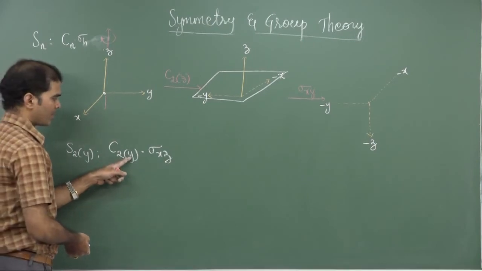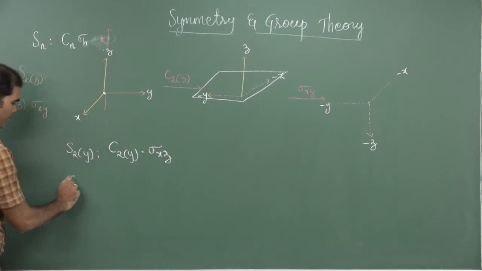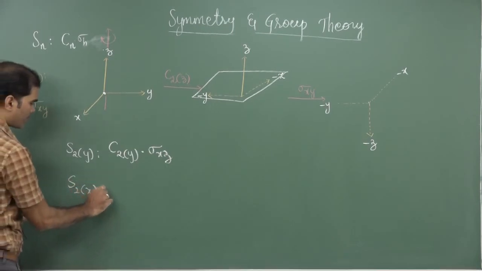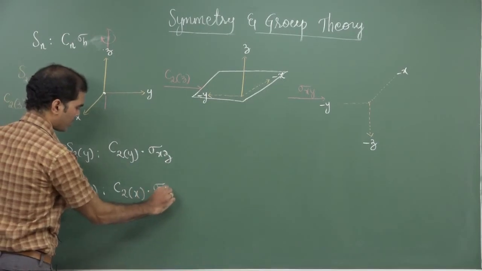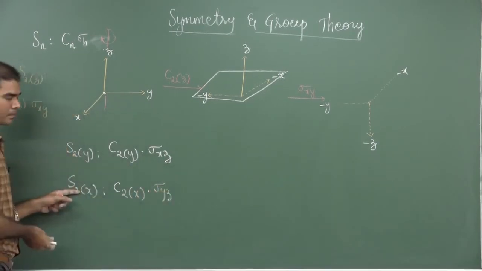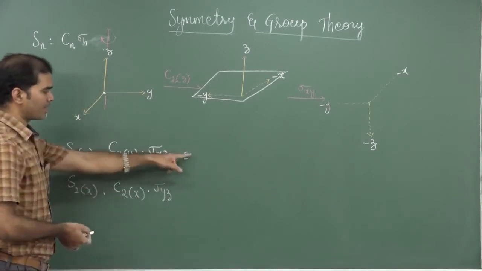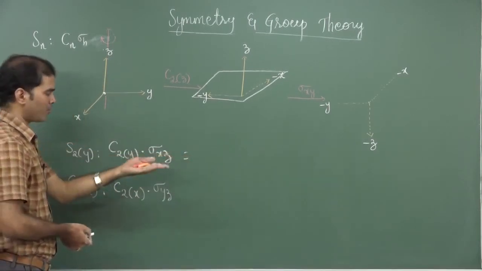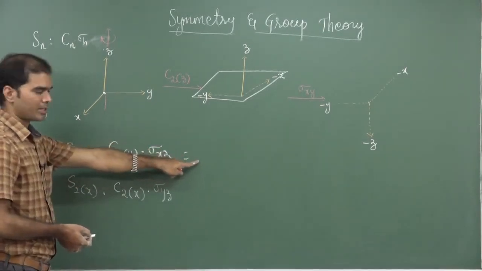Whichever coordinate is present here, do not repeat it here, that becomes a sigma h for this. And S2 along x is a C2 along x and sigma along yz. So as you perform C2 along y, x and z will exchange. As you perform sigma xz, y will also exchange.